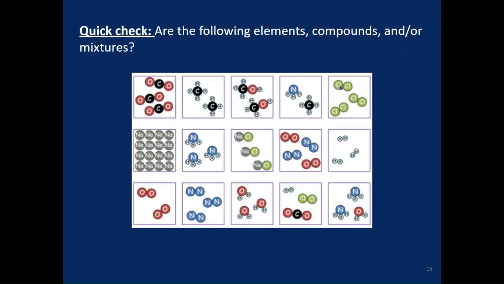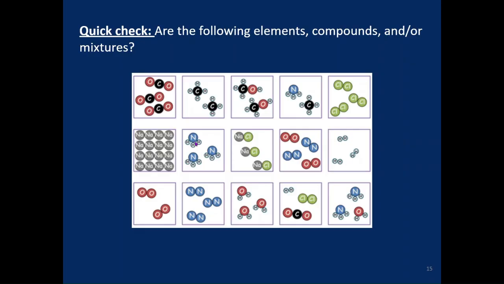They're also molecules, which was not really an option here, but they're not compounds because they're not different from each other. So we call this elemental chlorine. And it's not a mixture because there's not something else in here. Here we have a bunch of sodium atoms, seemingly in a lattice, in a solid state. So this would be elemental sodium, not a compound, not a mixture.